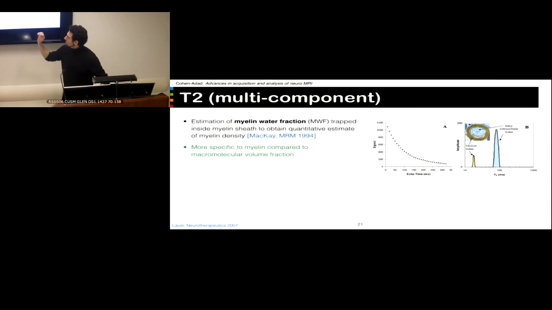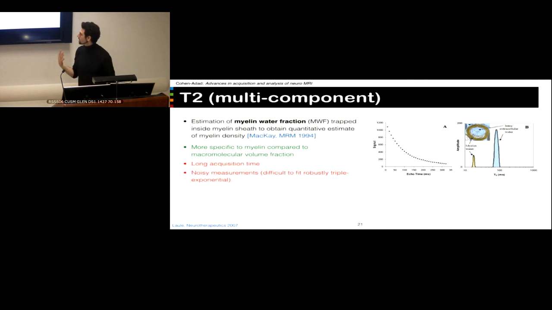What's nice with this technique is that it's specific to myelin, compared to measuring an effect that comes from the macromolecules. But as I mentioned, it could be noisy, which could yield some inaccuracies in the measurements of the myelin water fraction.